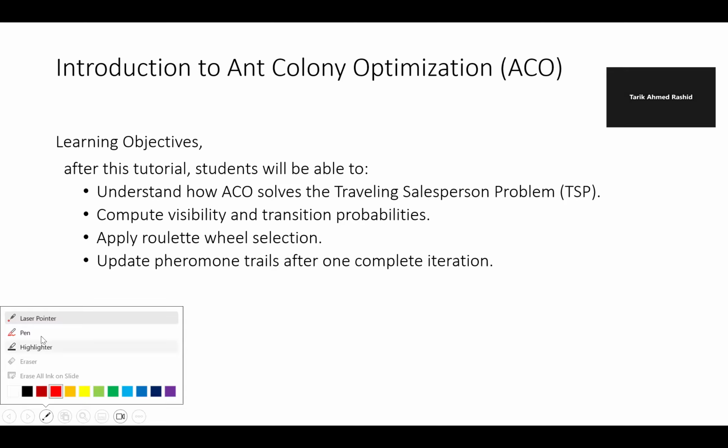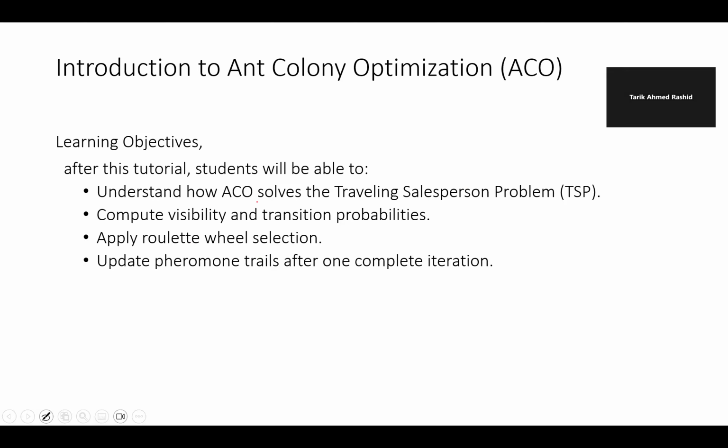So by the end of the class, we will be able to understand ACO and how you use it for the travelling salesperson, and also how we compute visibility and transition probabilities, and also apply roulette wheel selection and how we can modify pheromone after a complete iteration.